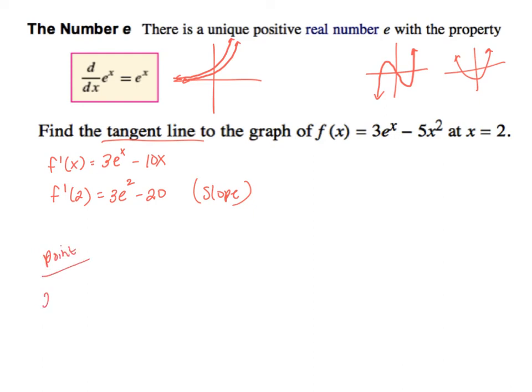That would be 2 comma 2 plugged into the original function, which would be 3e squared minus 20. Okay, coincidentally, it ended up being the same as the derivative. And then our line becomes y minus quantity 3e squared minus 20 equals slope, 3e squared minus 20, times x minus 2.